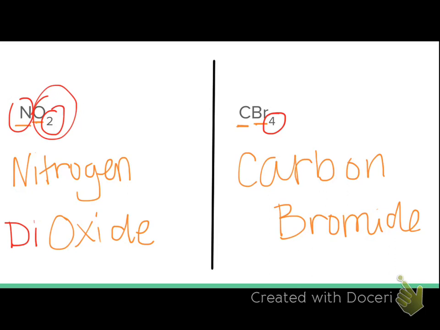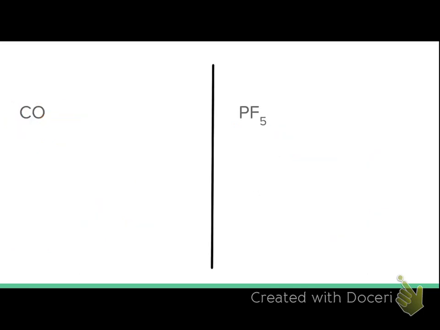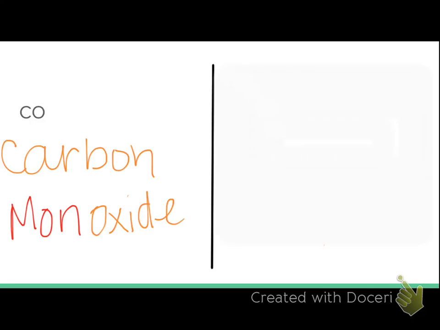The prefix for 4 being tetra. Carbon tetrabromide. Okay? All right, I'm going to let you do these 2 on your own. Go ahead, pause the video, come back, and we'll check your answers.